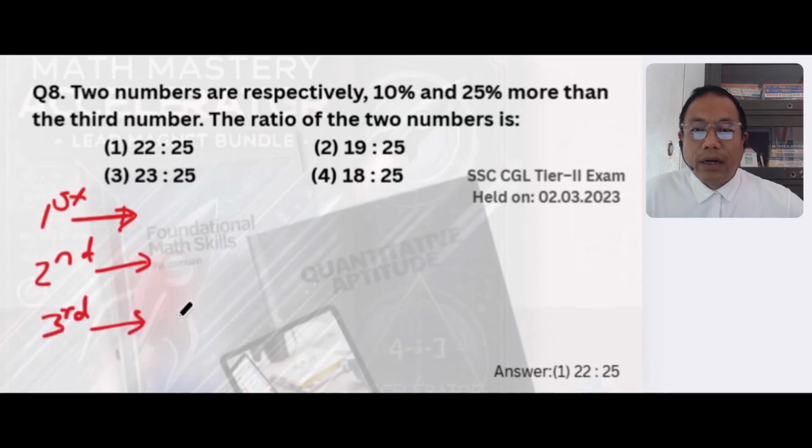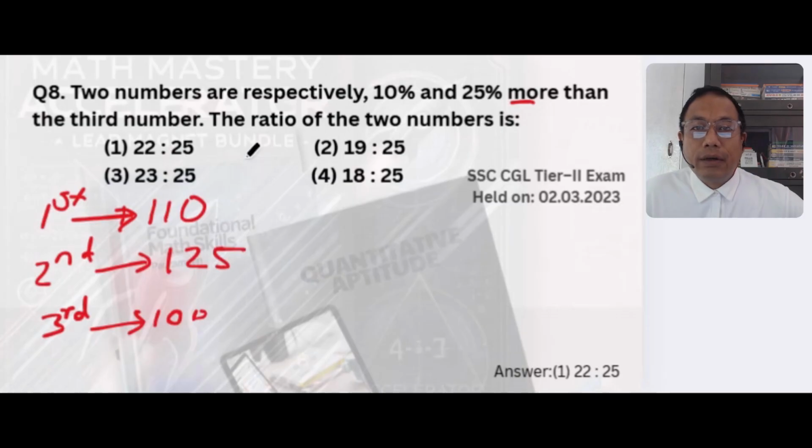Comparison is done from the third number. Third number, take it 100. 10% more. More means plus, less means minus. 100 plus 10. 25% more, 100 plus 25, 125.